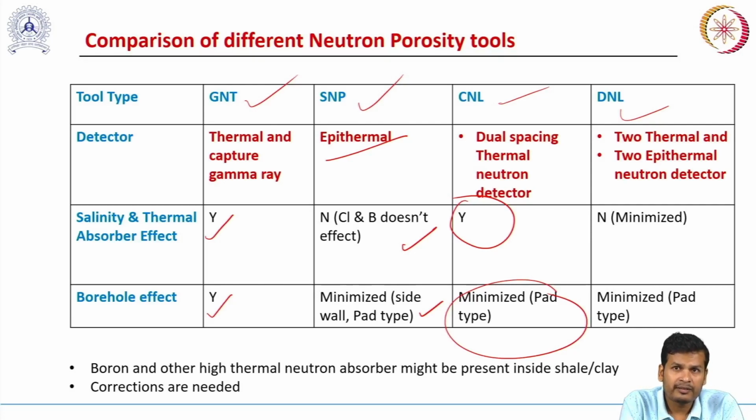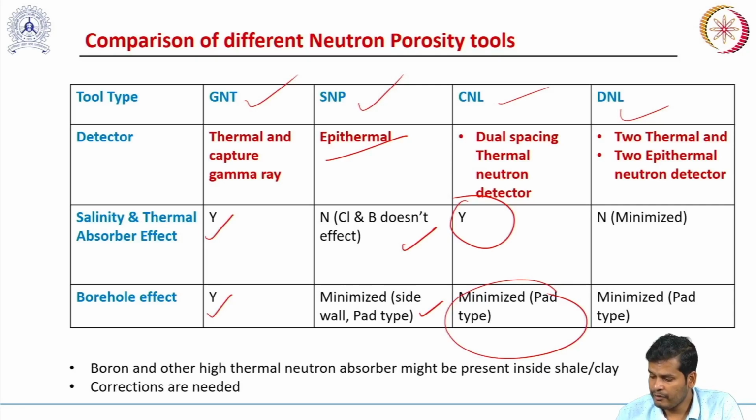So the tool's data will be affected by the salinity of the formation water, and if chlorine, boron or cadmium is present inside our shale, it can also be affected by these rare earth element concentrations. That's why the Schlumberger charts are needed to get the true property from the CNL logging tool. So the salinity effect must be applied; the tool data must be corrected for the salinity of the formation water to get the true property of the formation.